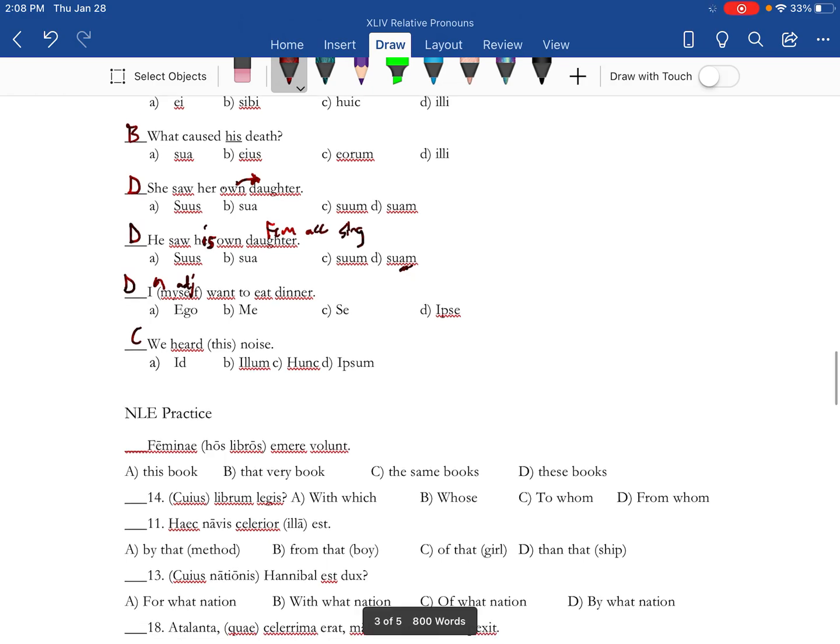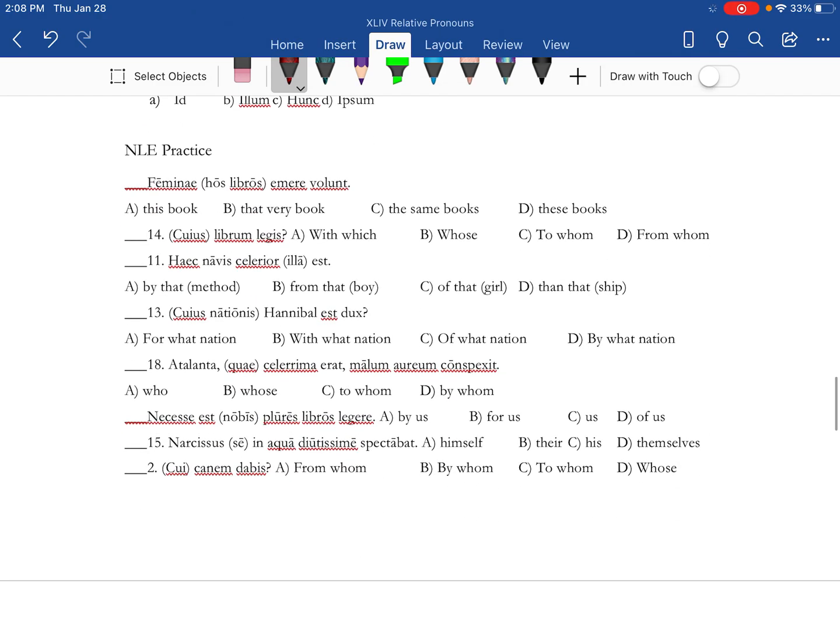Look at this. Some NLE practice. These books. Cuius is whose. Illa. Now, this is going to be a little tricky. Eor and then ablative of comparison. D, then that's ship.